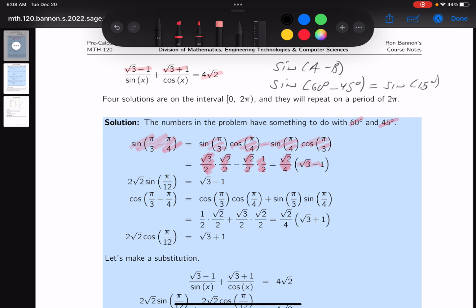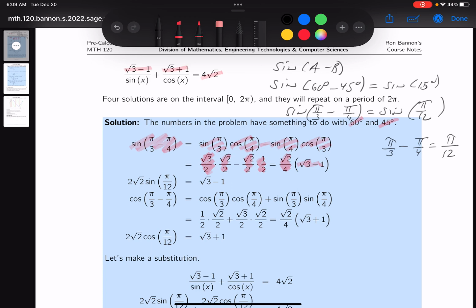Now, 15 degrees can also be viewed as pi over 3 minus pi over 4. With a common denominator of 12, you get 4 minus 3, which is 1, so pi over 12. So it's really the same thing as sine pi over 12.